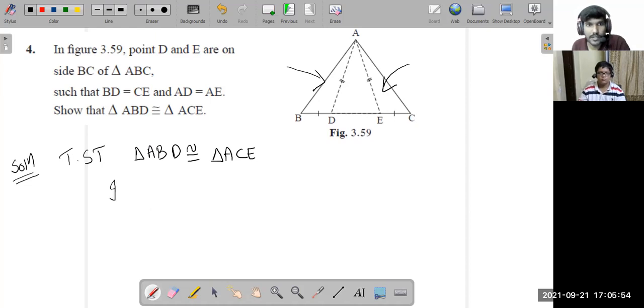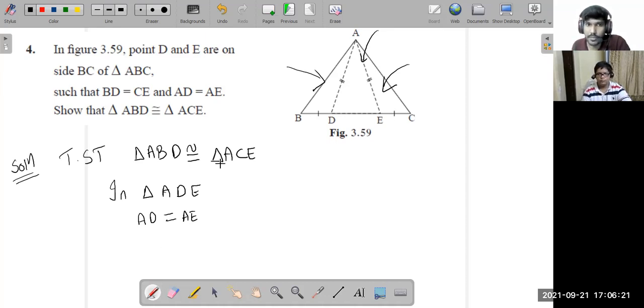First note in triangle ADE, what is given in this triangle? You can see there are two sides that are equal: AD equal to AE. We are talking about the middle triangle, which is dotted.